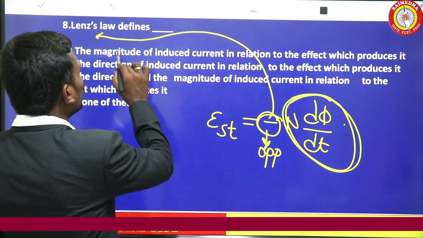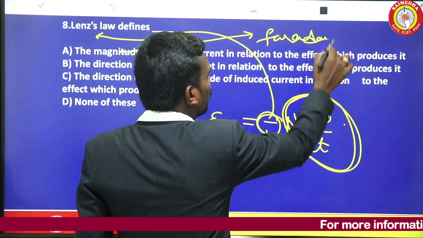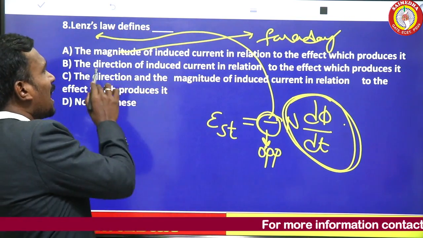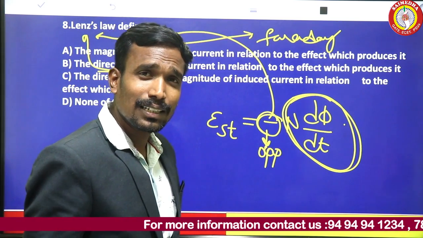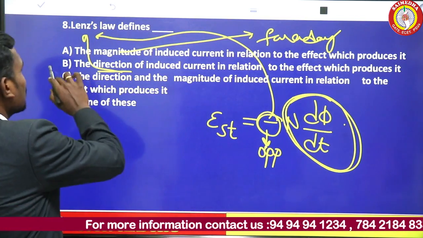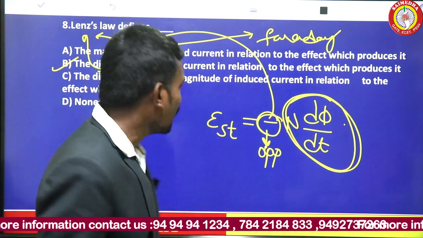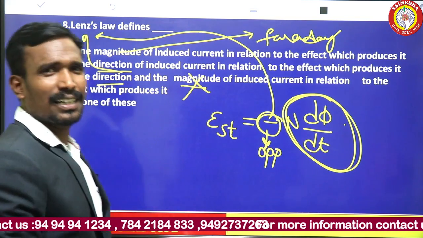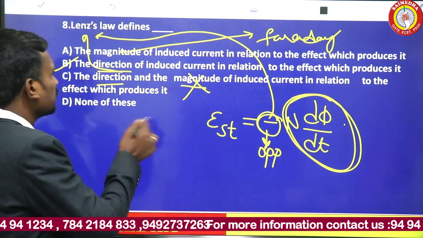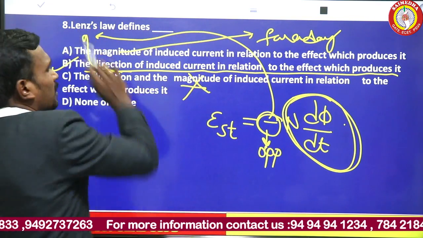The magnitude is given by Faraday, but the direction is given by Lenz. Option B is the correct answer. Why not C? Because the magnitude is given by Faraday.